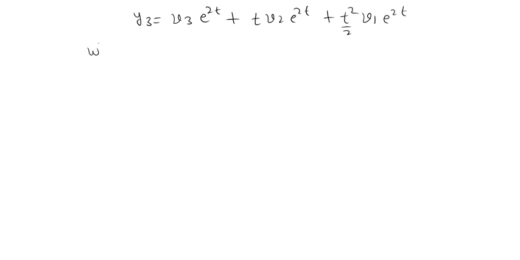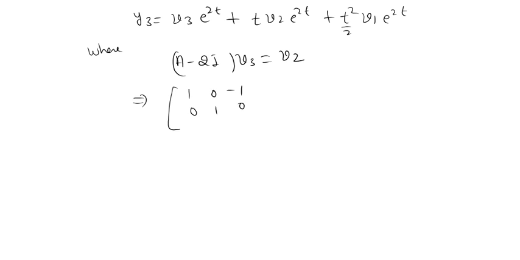Okay, and where v3, you can obtain v3 from v2. So where (A minus 2I) v3 equal to v2. So again write the system. So 1 0 minus 1, 0 1 0. Sorry, this is minus 1.